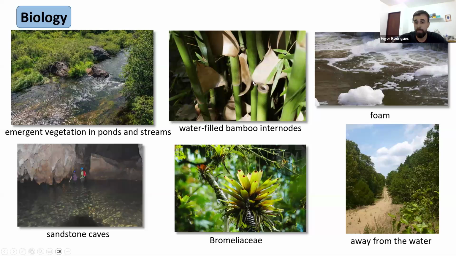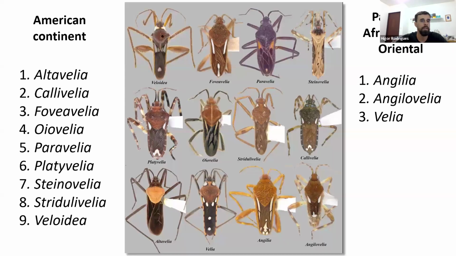Some lineages have adapted to live in specific environments, such as water held in bamboo internodes, inside caves, sandstone caves, and water accumulated in bromeliads, and even far from the water. These insects are predators and feed on small insects that fall in the water.